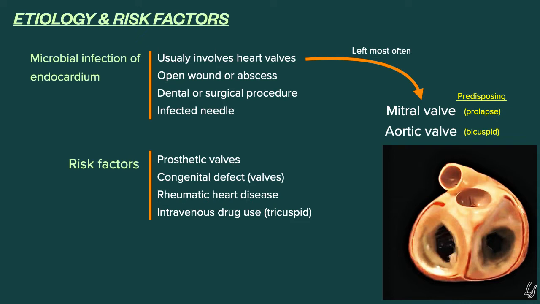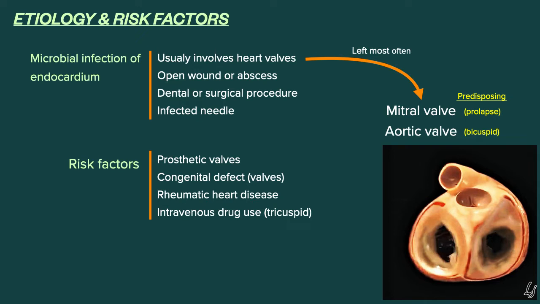Most often, the valves on the left side, that's the mitral valve and the aortic valve, are affected, sometimes due to predisposing conditions such as mitral valve prolapse and bicuspid instead of tricuspid aortic valves, but it really depends on the circumstances.